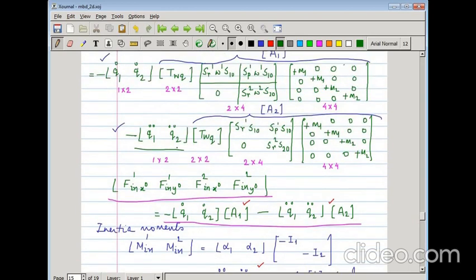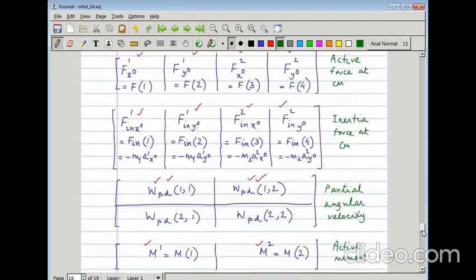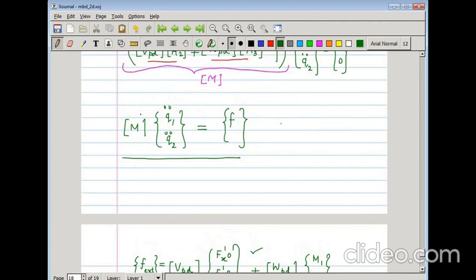Nowhere is there any other double dot term. So double dot terms separate out, and M is actually the coefficient matrix of double dot terms. But M itself may contain T, Q1, Q2 terms, Q1 dot, Q2 dot terms. Similarly, this F is a 2-row 1-column vector, and it may contain T terms, Q1 terms, Q2 terms, Q1 dot terms, and Q2 dot terms.